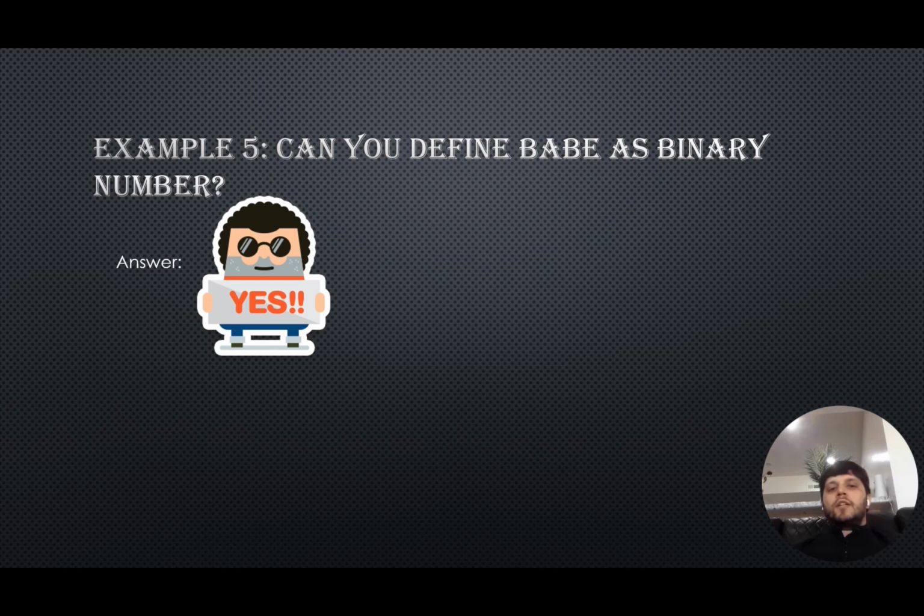It is binary because BABE consists of hexadecimal numbers, and we can convert that to a binary number. Let's see how we do that. For that, we have to write down each hexadecimal digit in binary and then combine them all together.